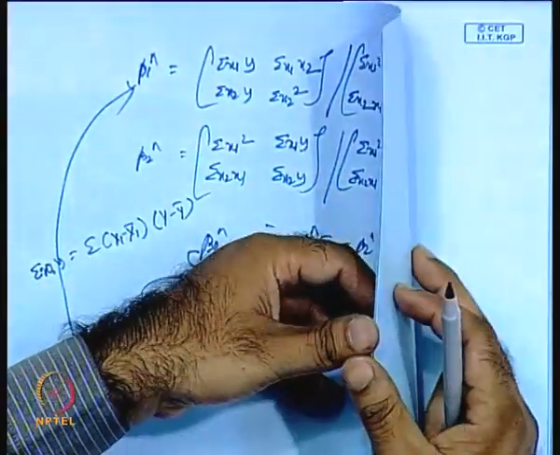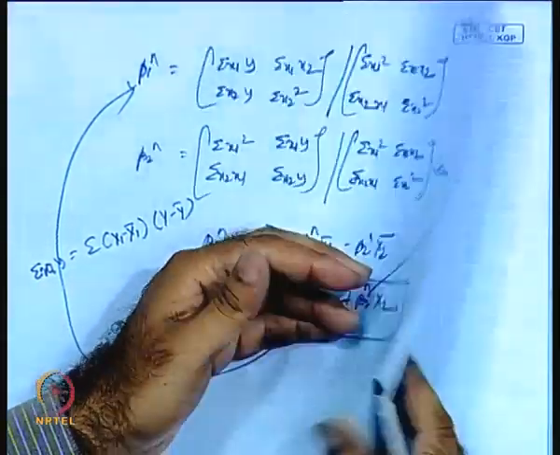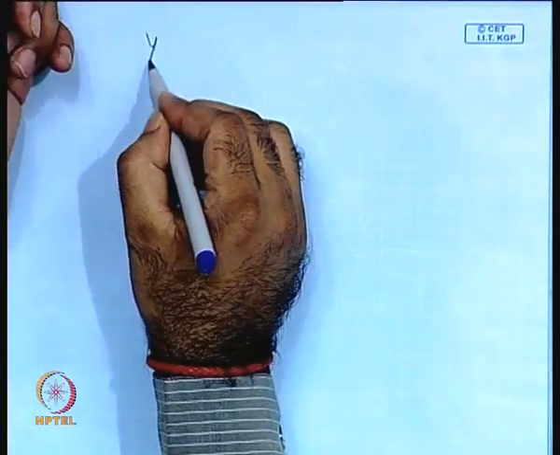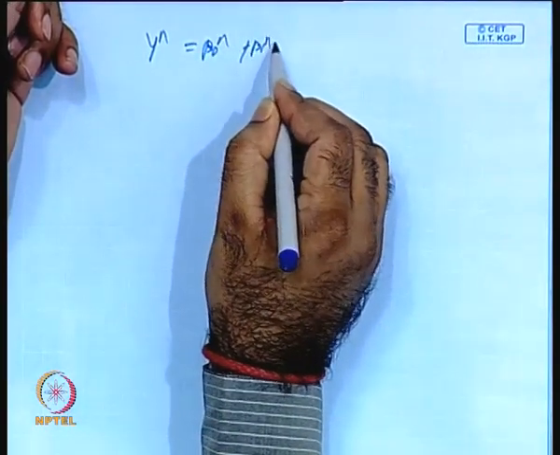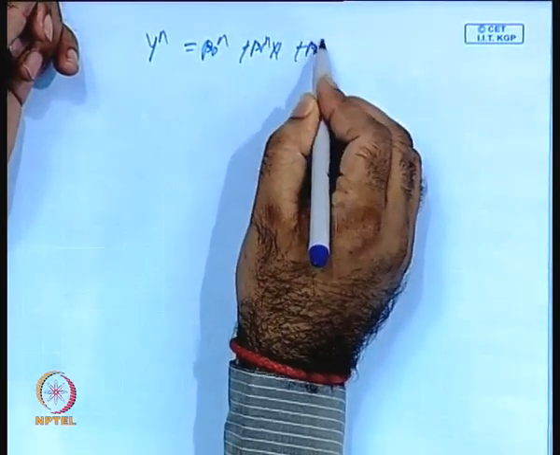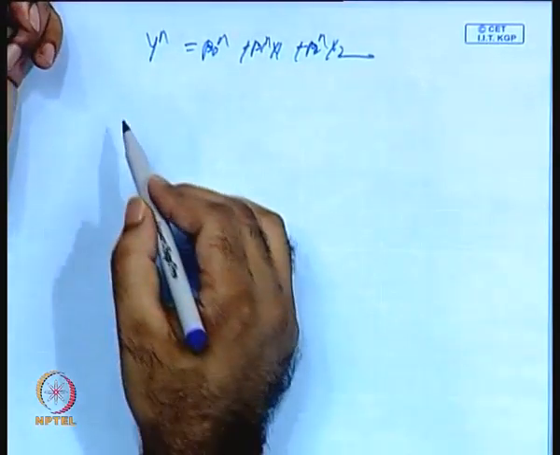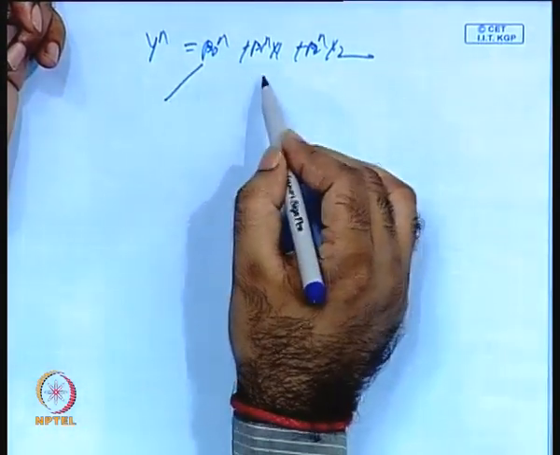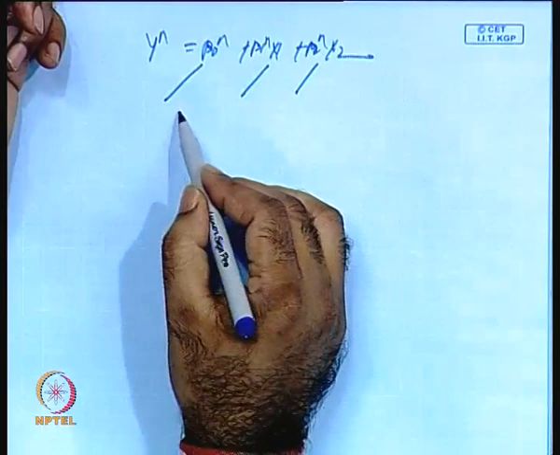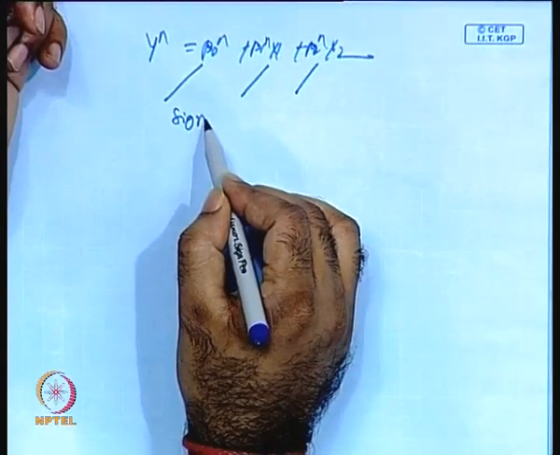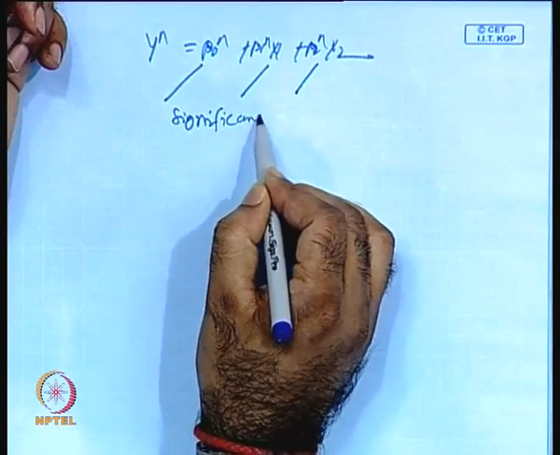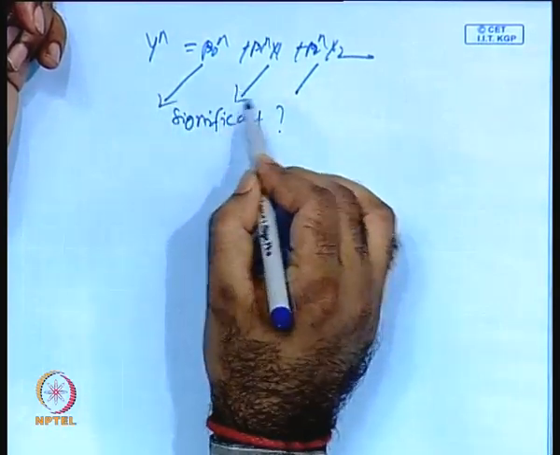Okay. So the structure is like this. The moment you get this equation, y hat equals beta 0 hat plus beta 1 hat x1 plus beta 2 hat x2, your objective is to know whether the parameters are significant or not. Significance is a question mark here.